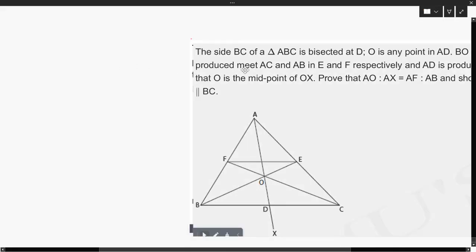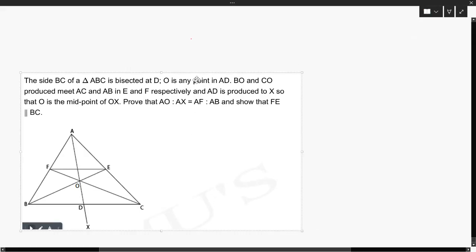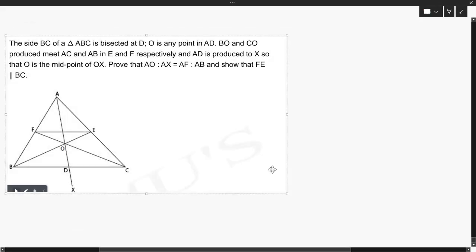Side BC of triangle ABC is bisected at D. O is any point on AD. BO and CO are produced, that means extended, to meet AC and AB at E and F respectively, and AD is produced to X, such that O is the midpoint of OX.